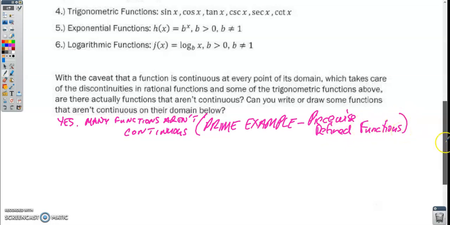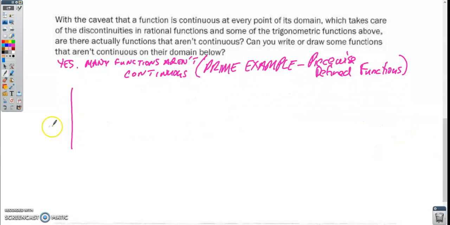So for instance, can I draw some? Okay, here's a function that is not continuous. And it's not continuous on its domain because at this x value, the function exists, but there's a discontinuity.